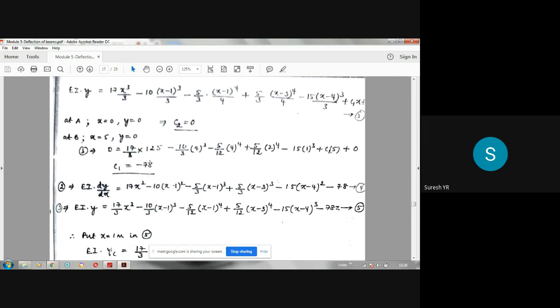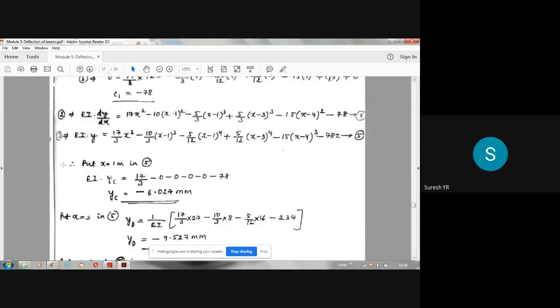So using the two boundary conditions at the supports, where the deflections are 0, we got the values of C1 and C2. Now substitute these two values in the slope and deflection equations. In EI into dy by dx, put C1 as minus 78, and in the deflection equation this becomes minus 78 x plus 0, since C2 is 0.